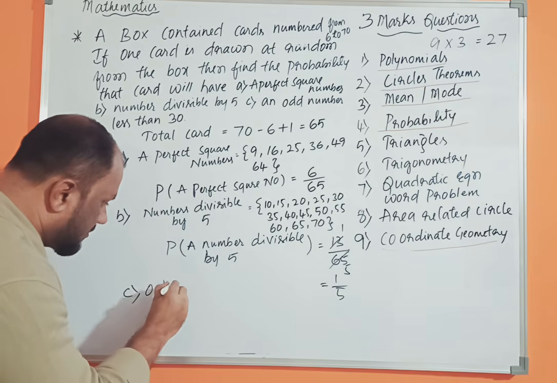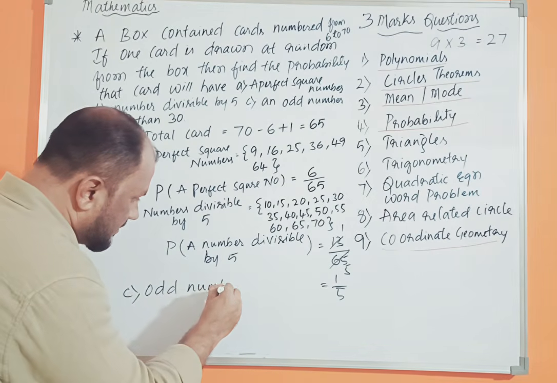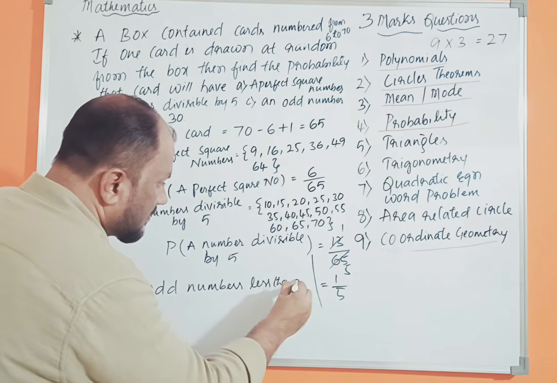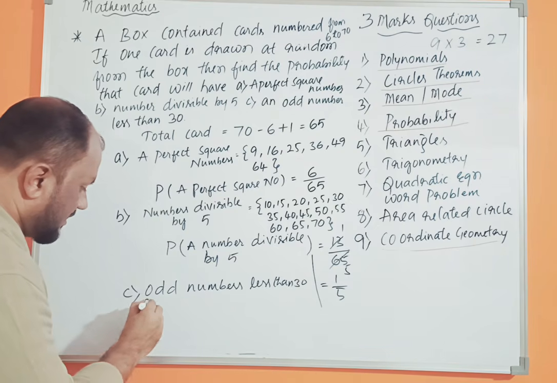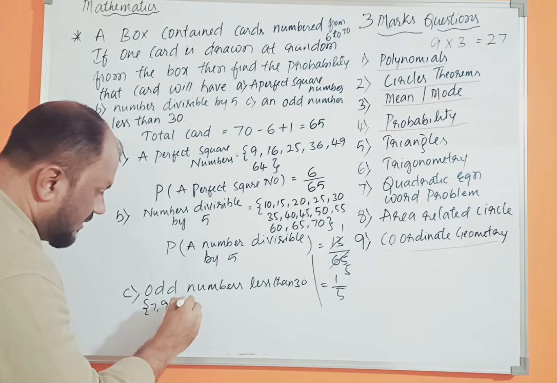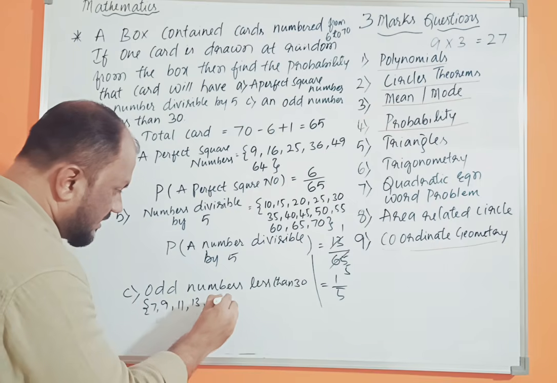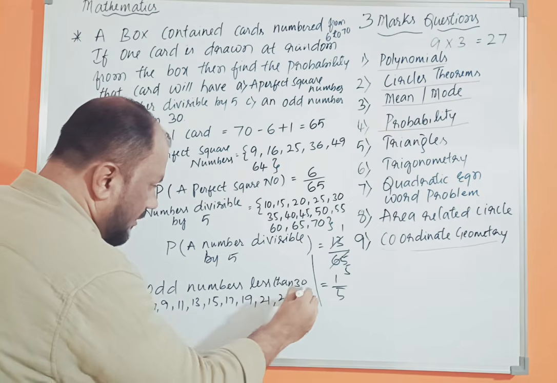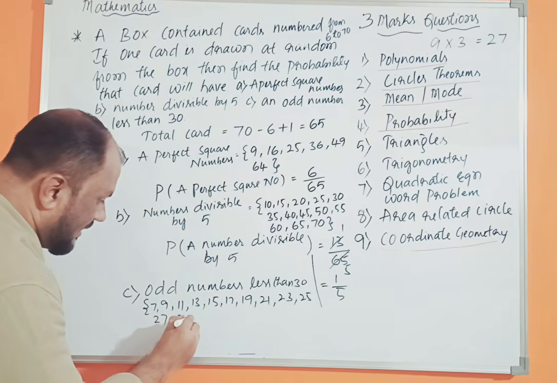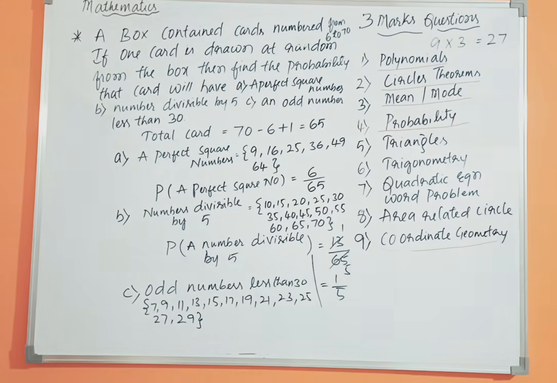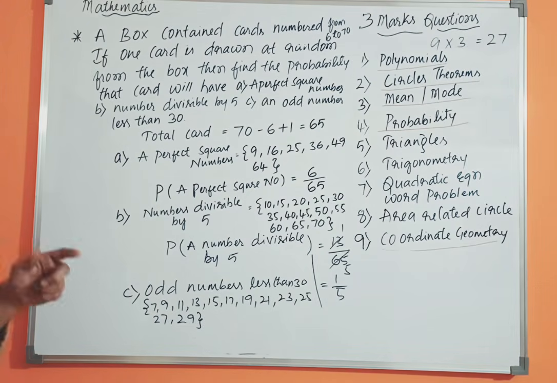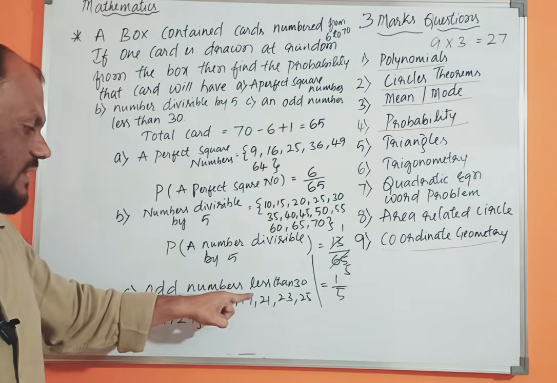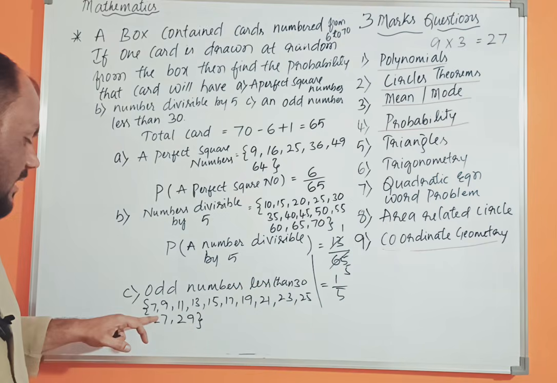Odd numbers less than 30: the first number is 7, 9, 11, 13, 15, 17, 19, 21, 23, 25, 27 and 29. It should be less than 30. Count how many odd numbers there are less than 30: 1, 2, 3, 4, 5, 6, 7, 8, 9, 10, 11, 12.